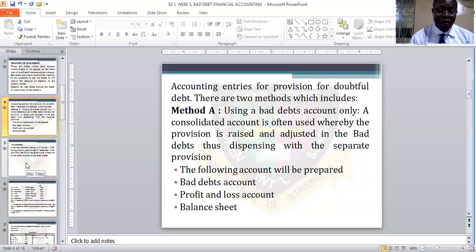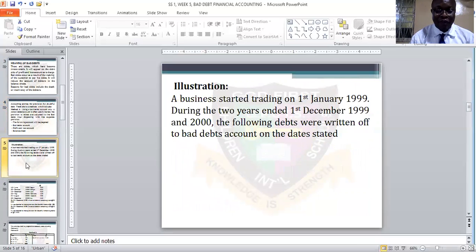Before that, we have the question here. A business started trading on 1st January 1999.